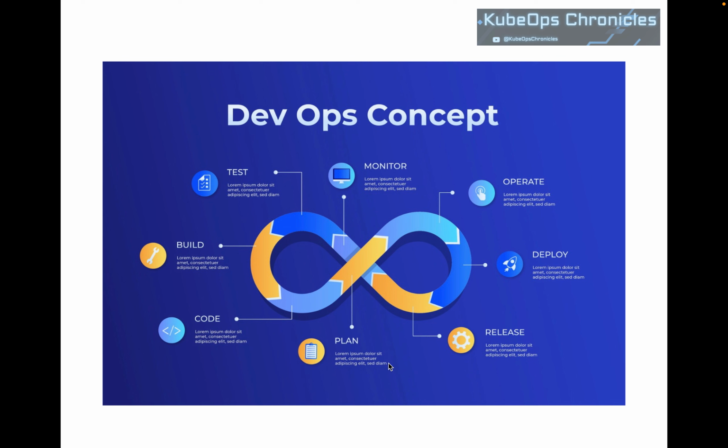You should have some kind of solution that will keep on monitoring your infrastructure as well as your application, and it will keep you updated so that if something goes wrong, it will trigger a notification. All these things we also have to automate using Bash or Python.